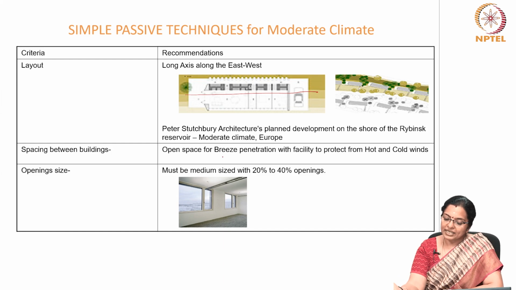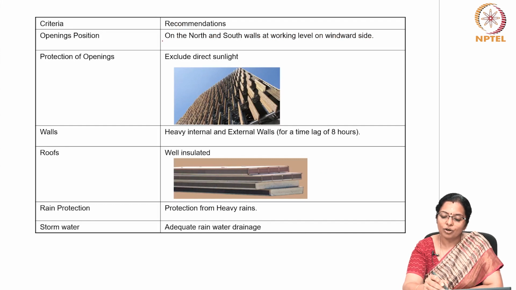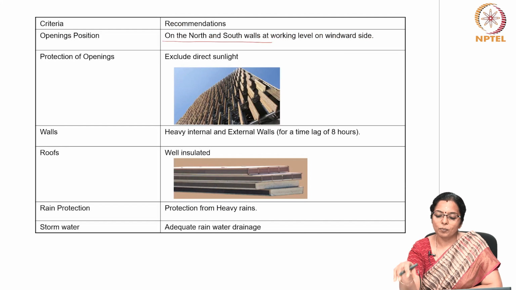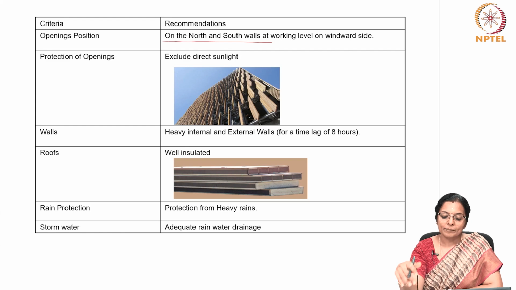Open space for breeze penetration with facility to protect from hot and cold winds must be there, and there must be medium sized openings of 20 to 40%. For opening position, on the north and south walls, the opening positions work well on the windward side at the working level.